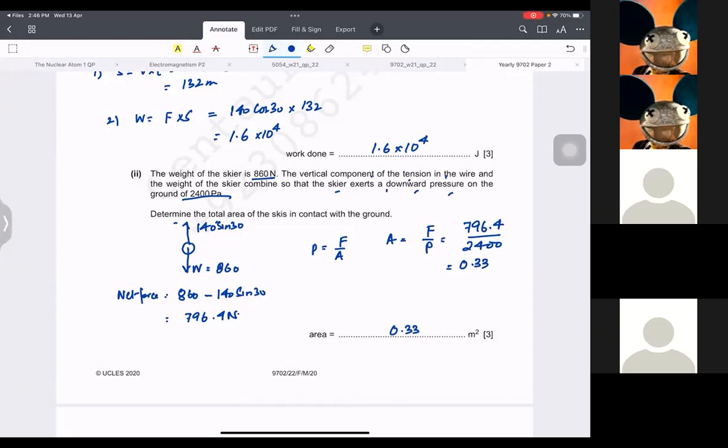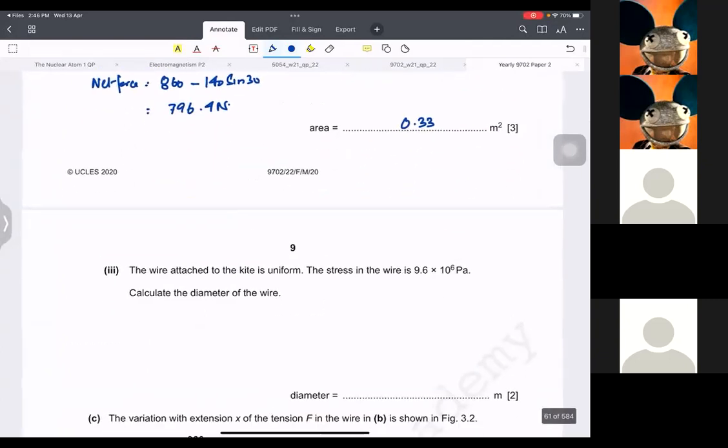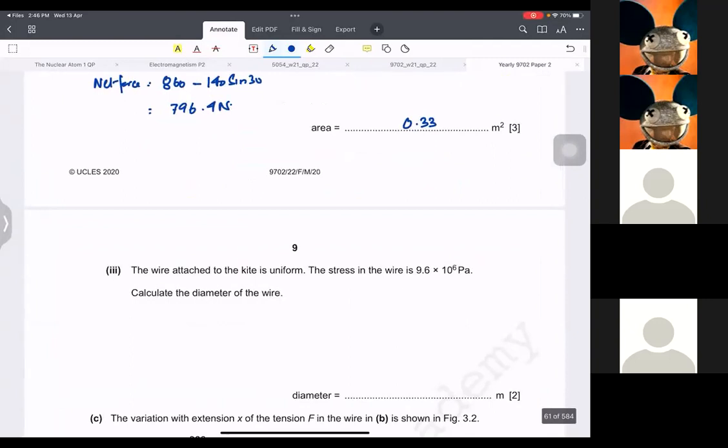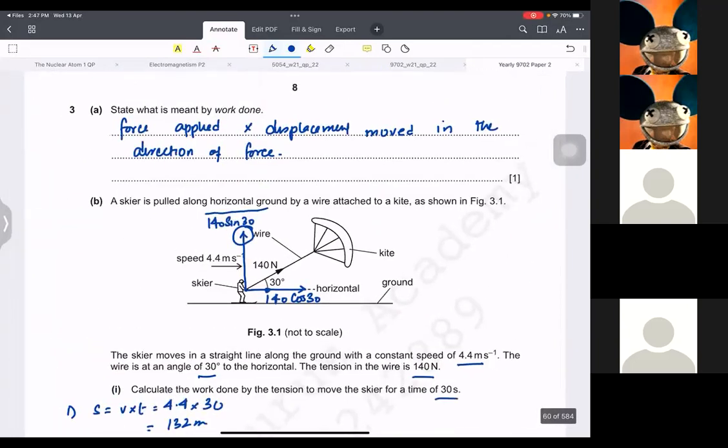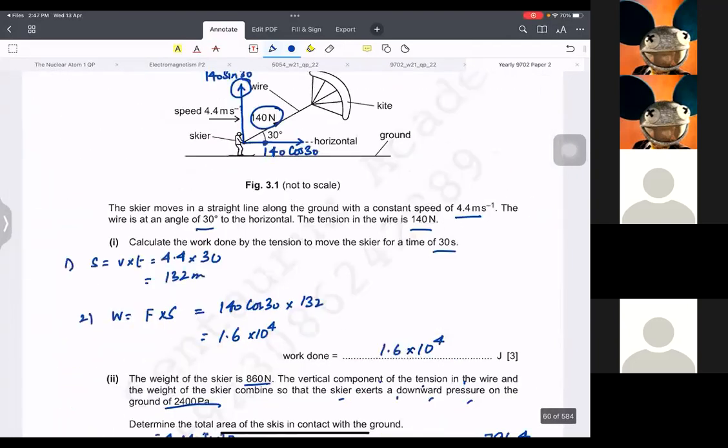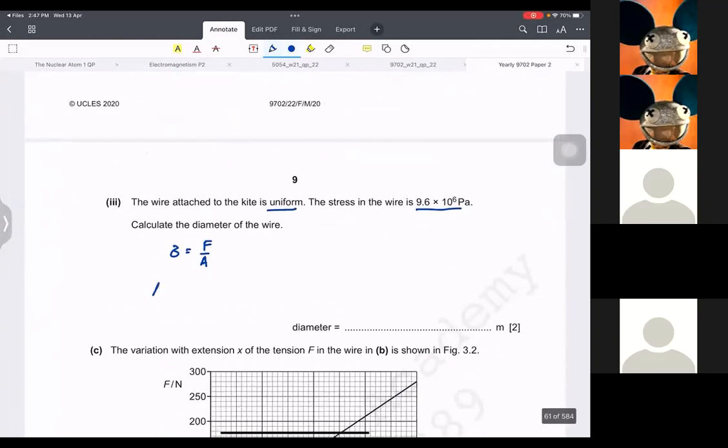All right. Moving ahead with this question, it says the wire attached to the kite is uniform. The stress in the wire is this. Calculate the diameter. Now, stress is equal to force over area. Now the total force in the wire was actually 140. And we want to find the area first.